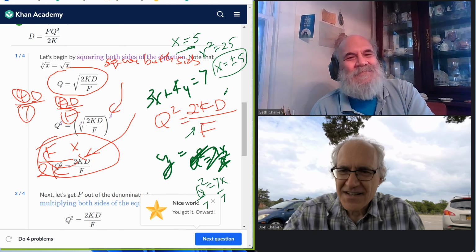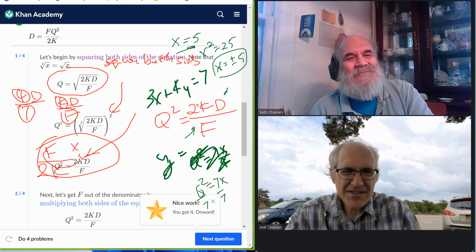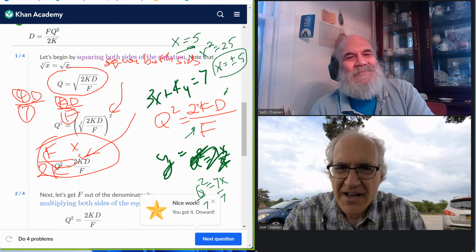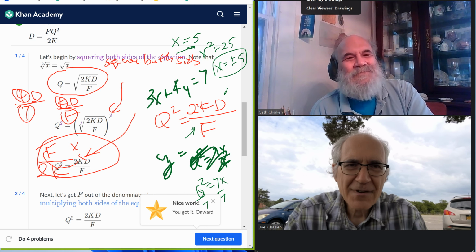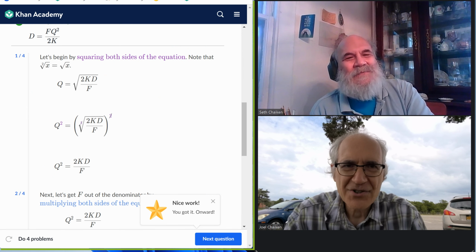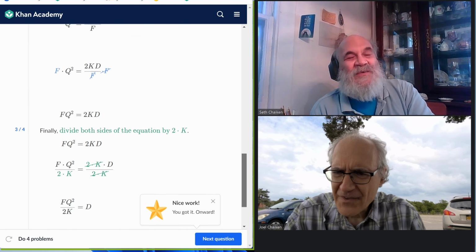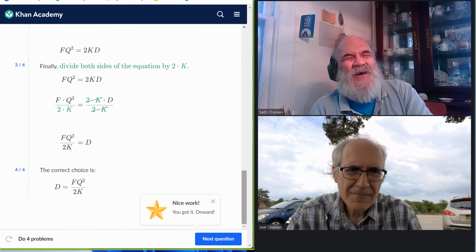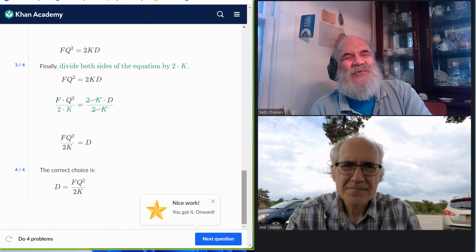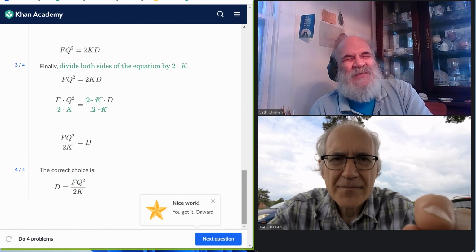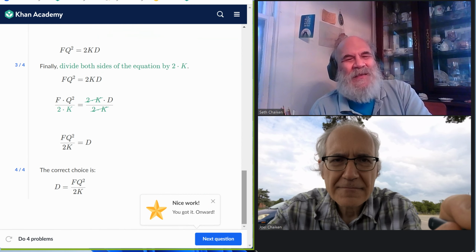Now I'm looking at this one and I don't see any extraneous solution. Why doesn't this question seem to have the possibility? Well, x squared equals 25 has two solutions, and x equals 5 has one solution.